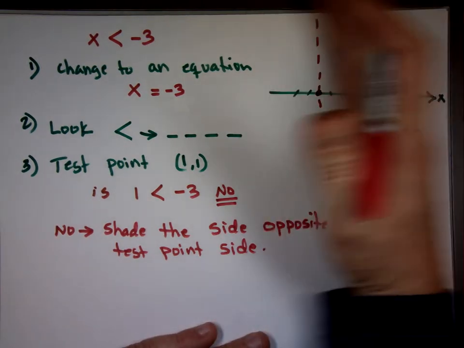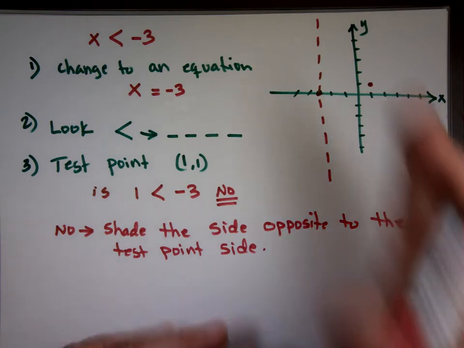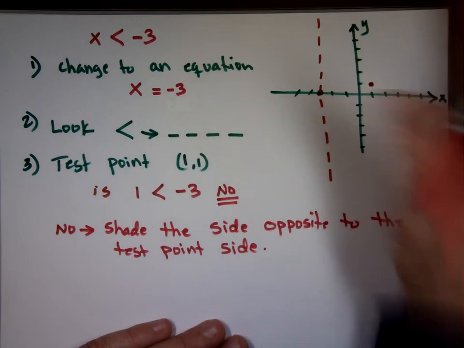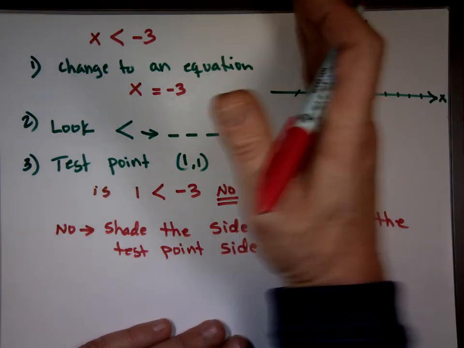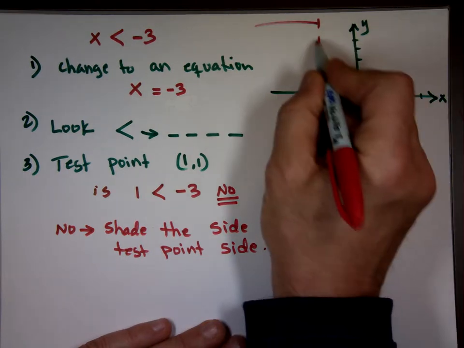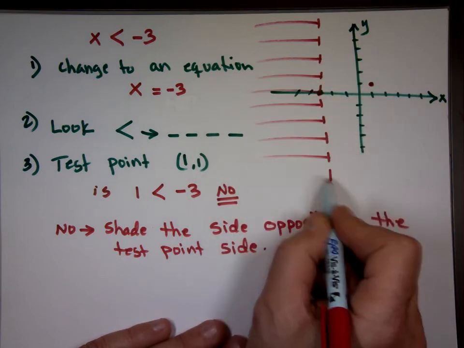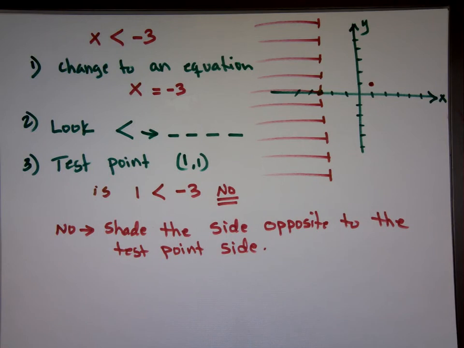The side opposite to that will be which one? Left of the dotted line. Left side. Quadrants 2 and 3, correct.